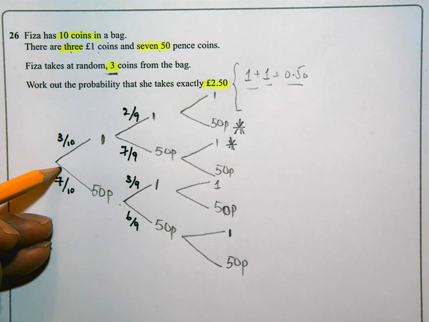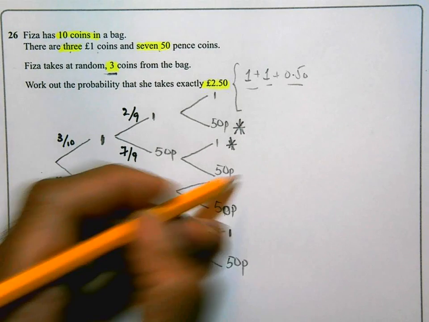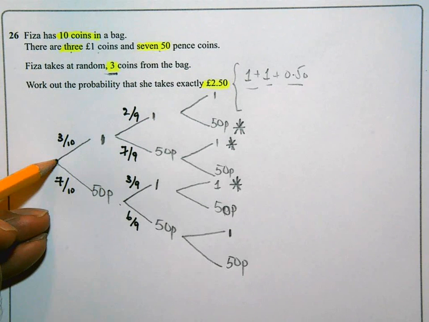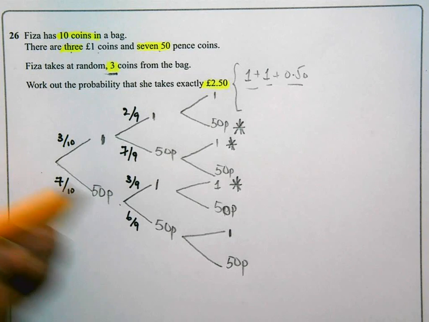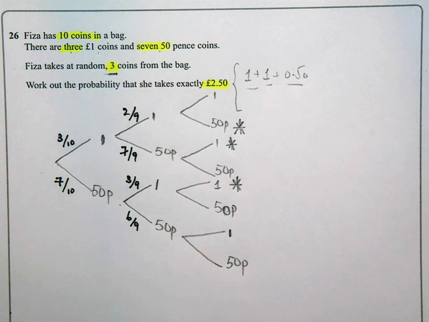I've done those. 50, a pound, a pound, that one there would give me £2.50. 50, a pound, 50, that's 2 quid. 50, 50, a pound, 2 quid. And 50, 50, 50, £1.50. So I have 3 possible ways in which I can get £2.50.